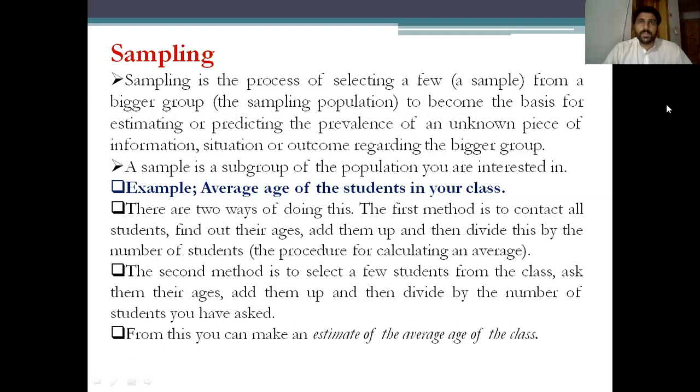So what we do in science and research, instead of taking samples from all the participants, is this. Let's say the city has about 1.2 million people, and we would like to look for one disease, a coronavirus infection. It is impossible to check the samples from all 1.2 million people.